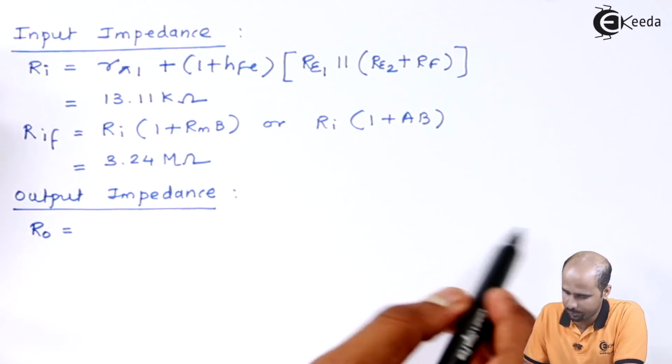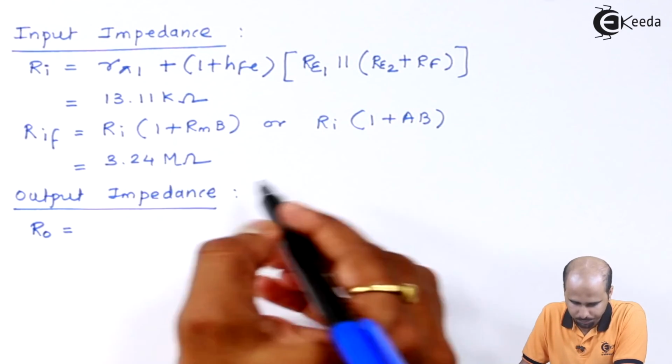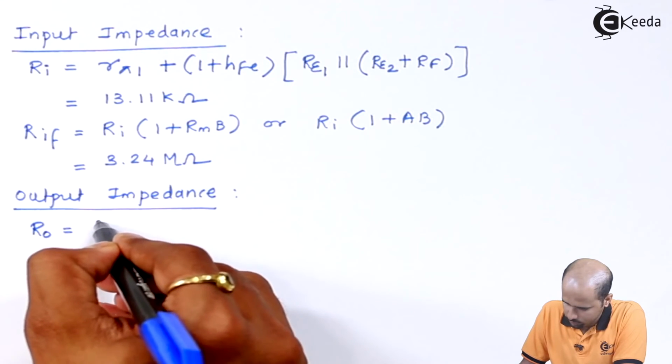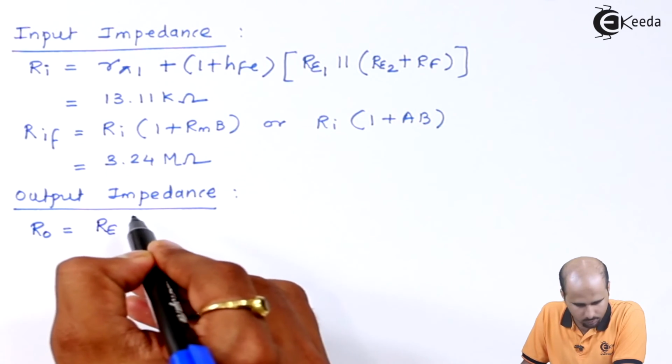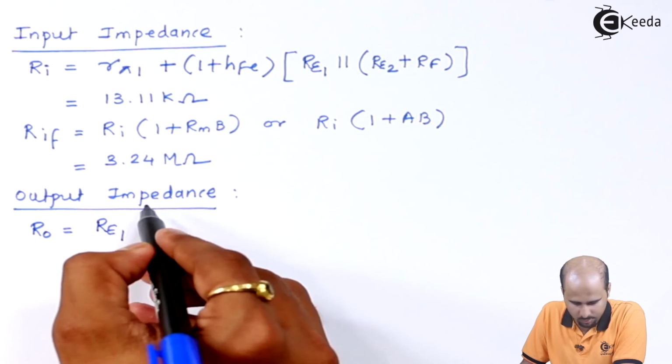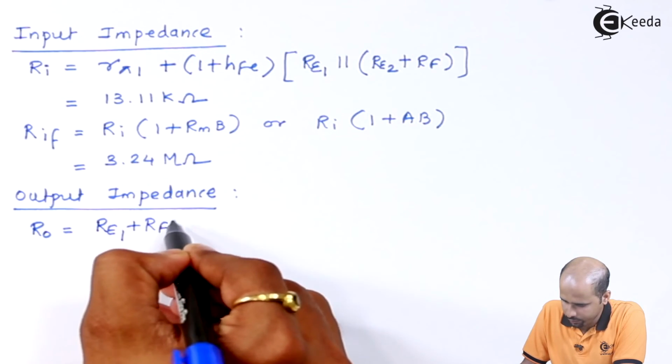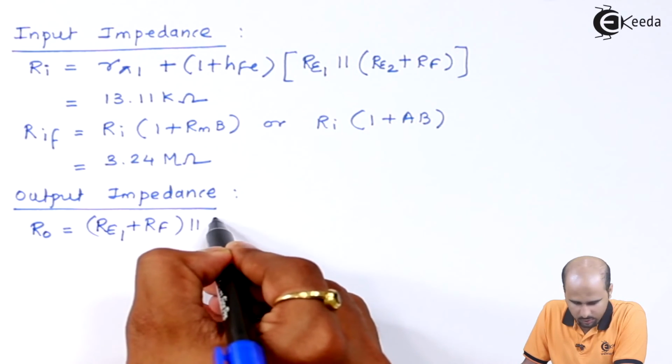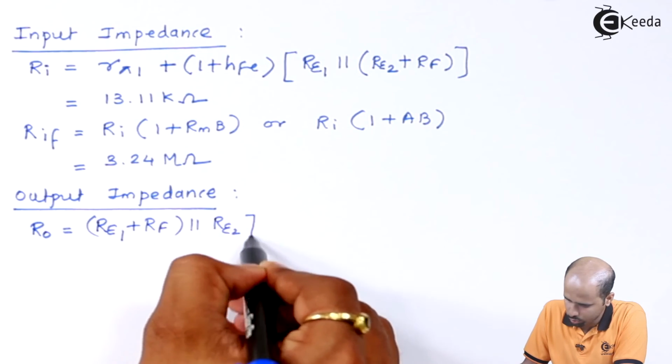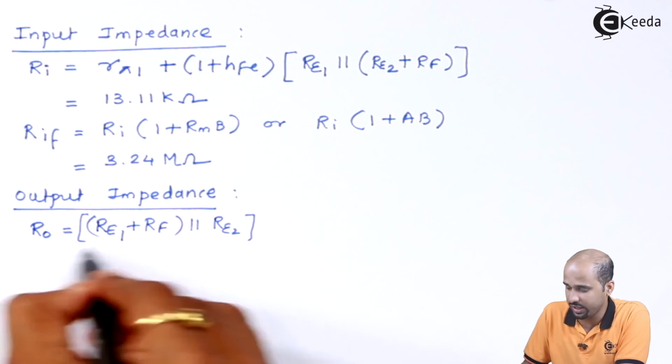So here I will be getting it as Re1 plus Rf in parallel with Re2. This is nothing but the emitter side.